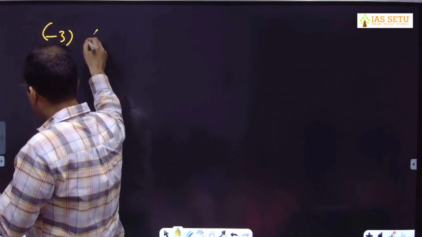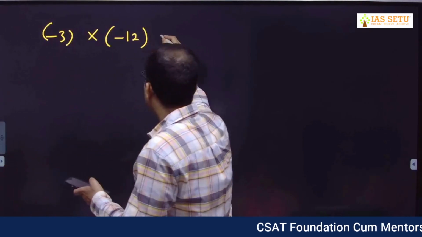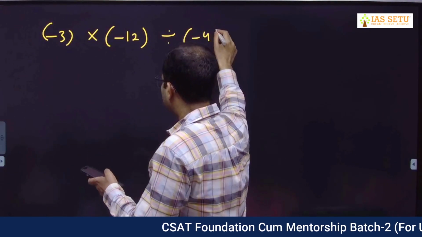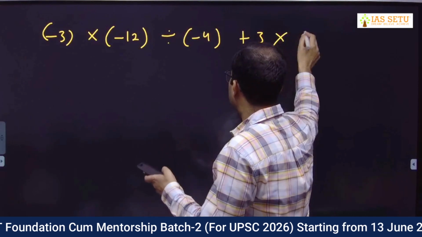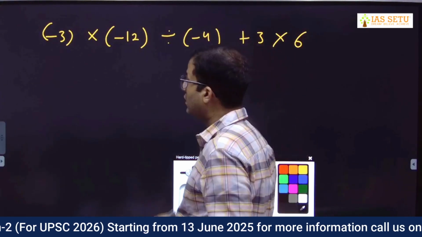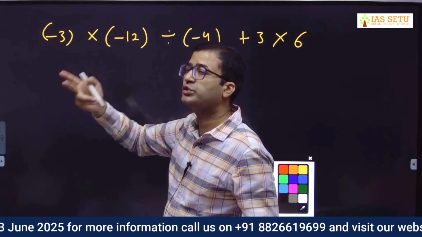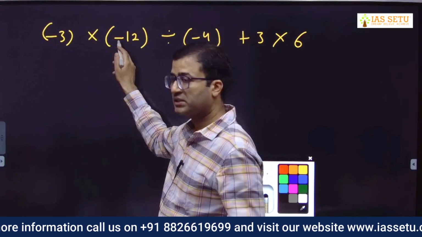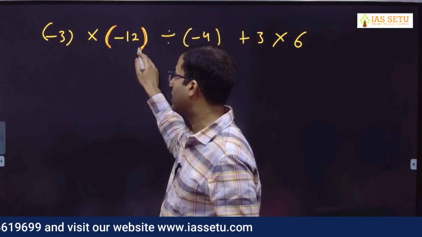minus 3 multiply bracket start, minus 12 divided by minus 4, plus 3 into 6. See why they have used this bracket, so that there will not be two symbols at a time. Multiplication and subtraction will not be at the same time, so that's why they have used this bracket.